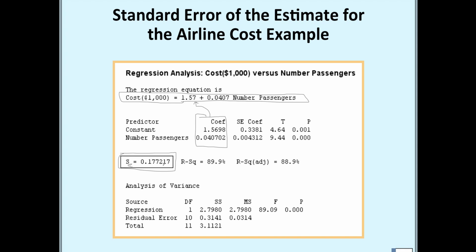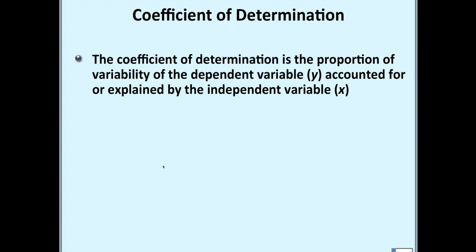One of the other notions used for seeing how good our model is doing, how good our regression line is, is called the coefficient of determination, shown by capital R squared.